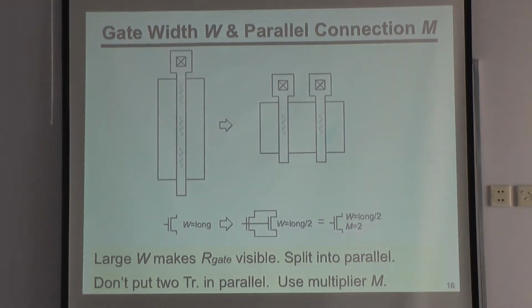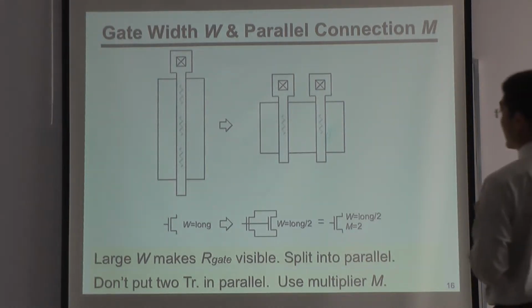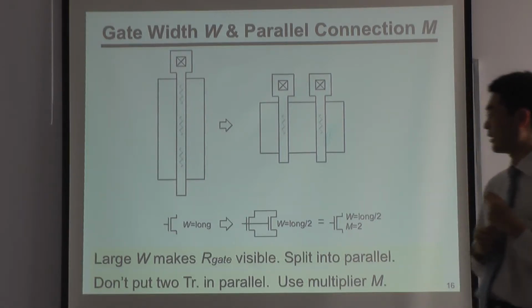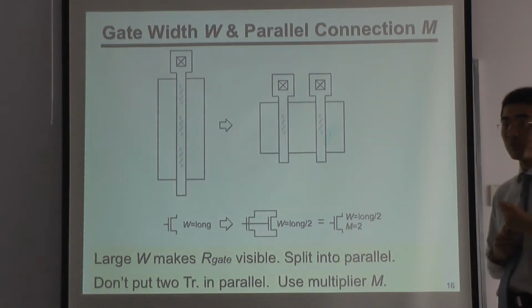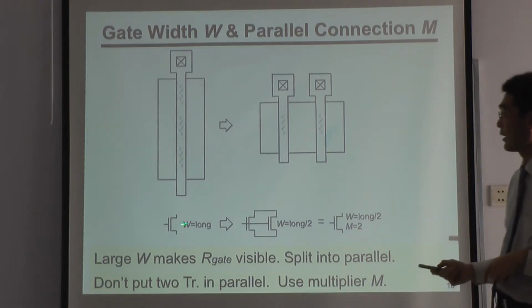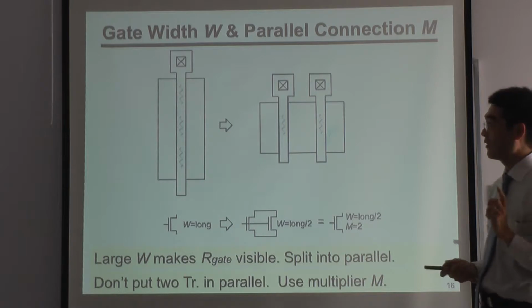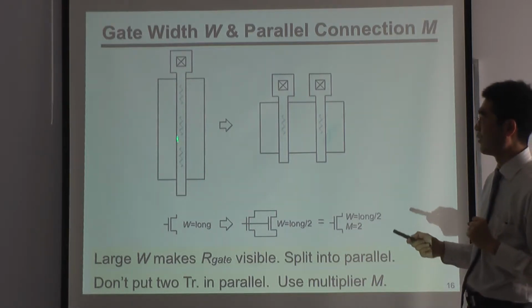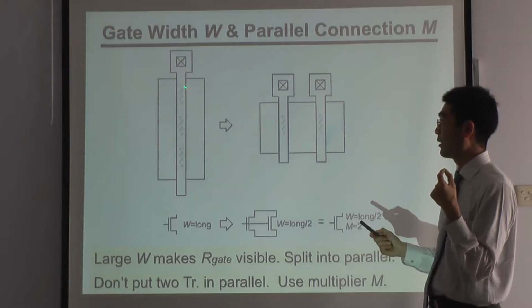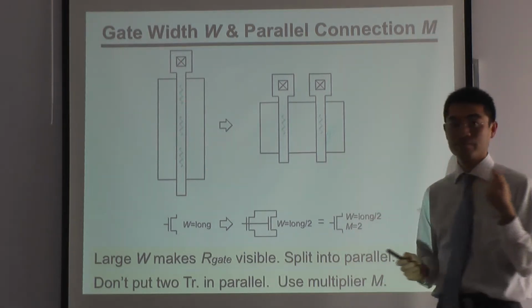And next one, we have the parameter M, multipliers. And sometimes we want to use large W like this. And in this case, here, these are thin and long wires. So we have resistance here.